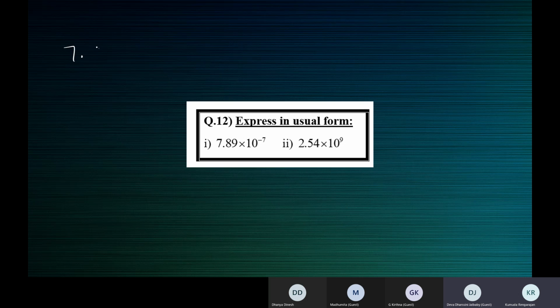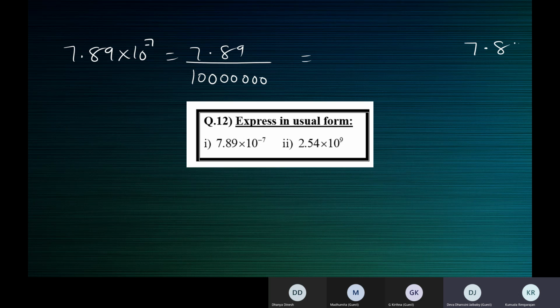So 7.89 into 10 to the power minus 7 is equal to 7.89 divided by 1 followed by 7 zeros. We'll have to move the decimal point by 7 places. 1, it will come here, 2, 3, 4, 5, 6, 7. It comes here.